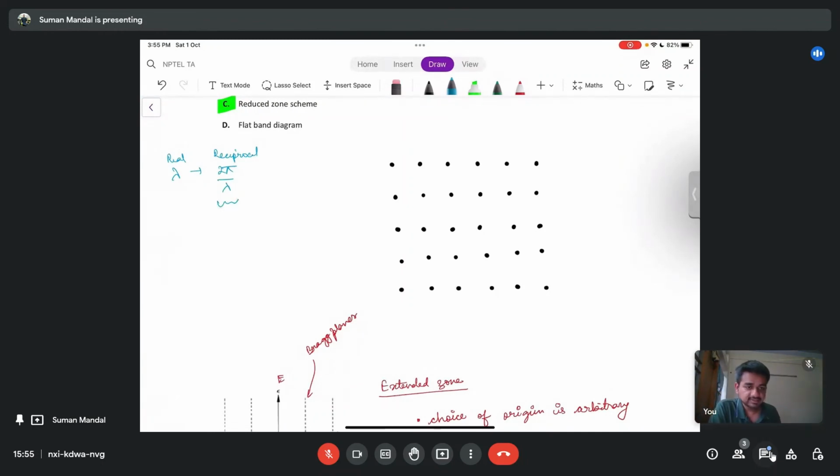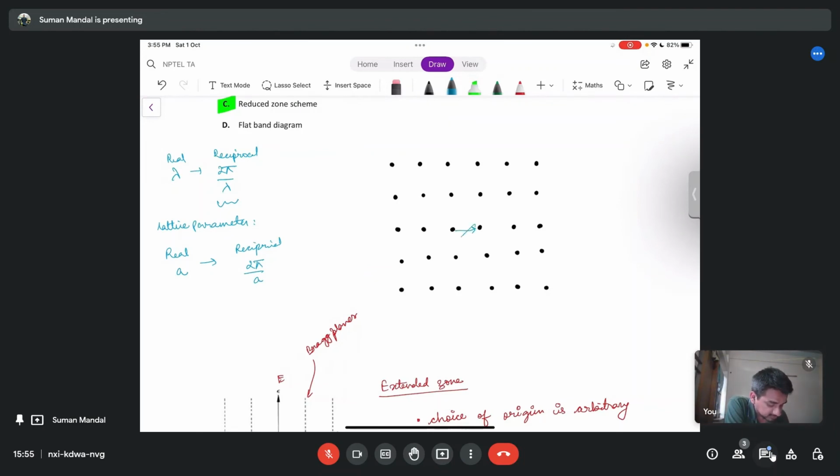So if the lattice parameter in the real space is a, then in the reciprocal space it will be 2 pi by a. So what is the lattice parameter? This is the lattice parameter.